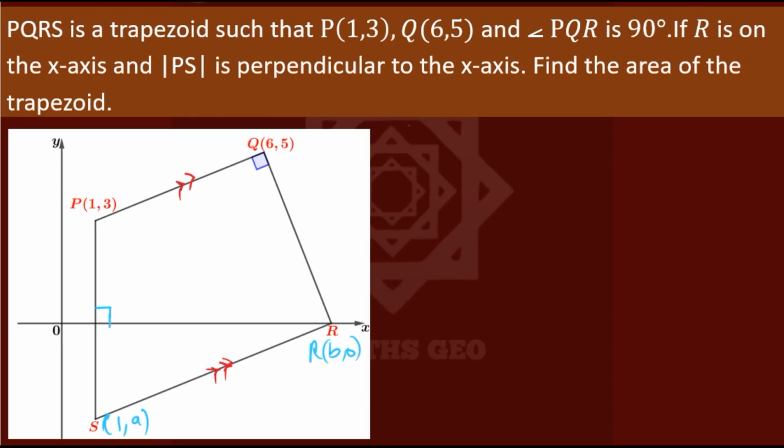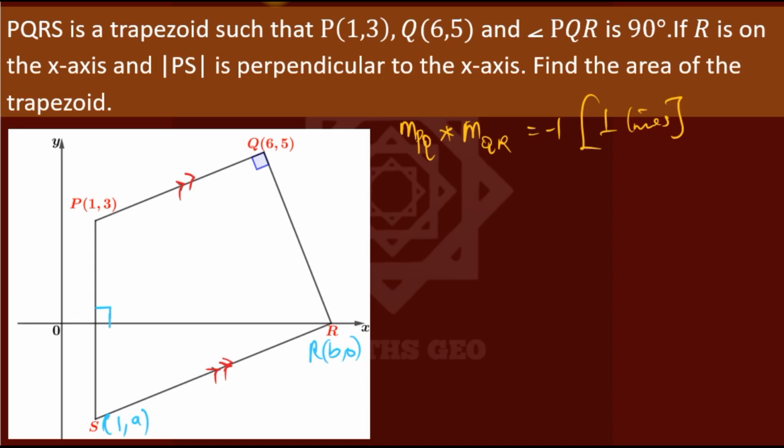So the slope of PQ times the slope of QR will be -1. Why? Perpendicular lines: the product of their slopes will always be equal to -1.